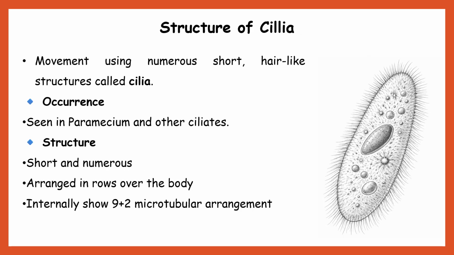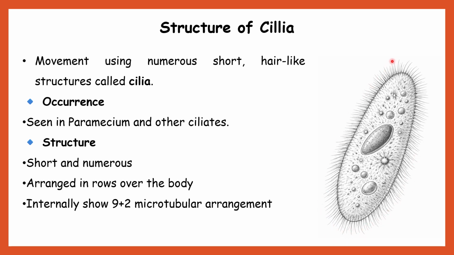Coming to the third type of locomotory organelle, that is cilia. As you could clearly see in this diagram, the cilia, compared to flagella, are a little bit shorter, thinner in size, and much more numerous. This is the structure of Paramecium, right?